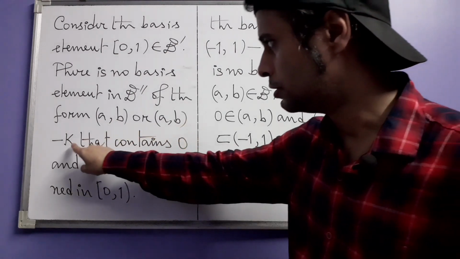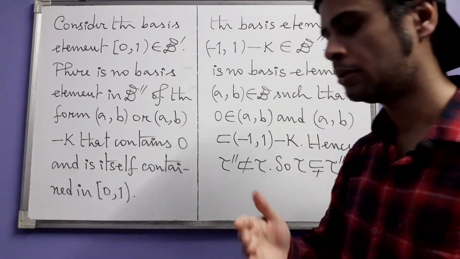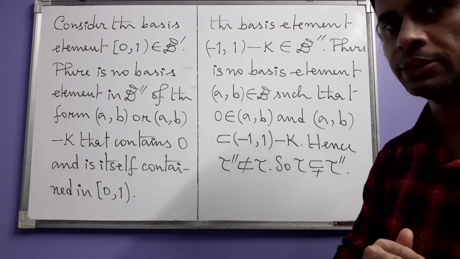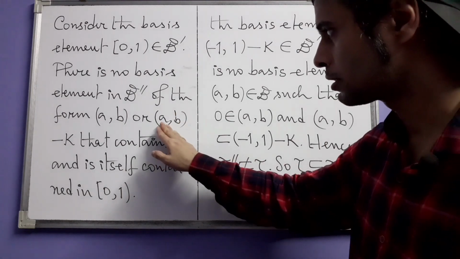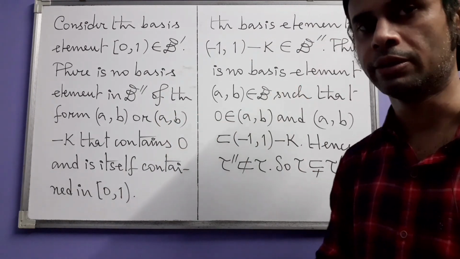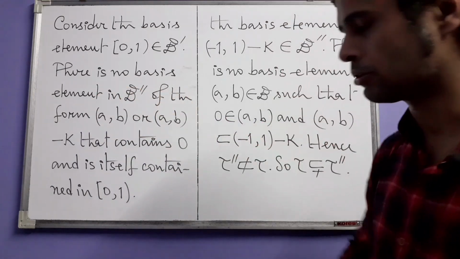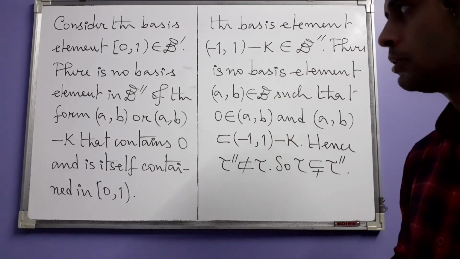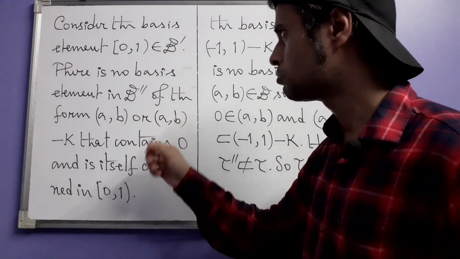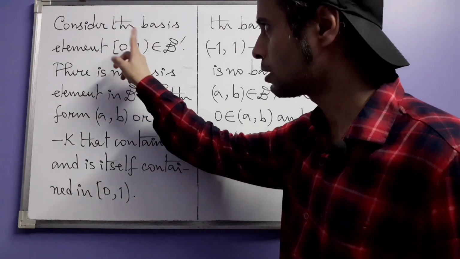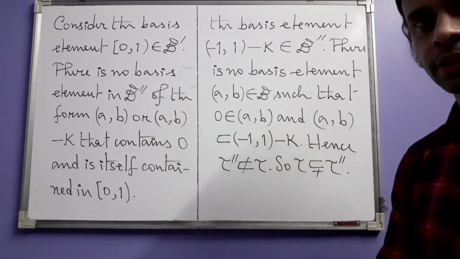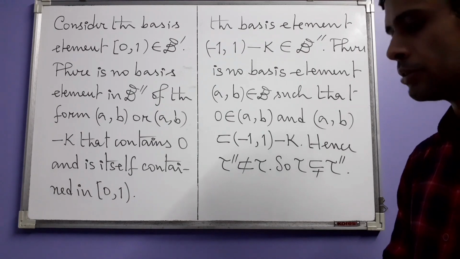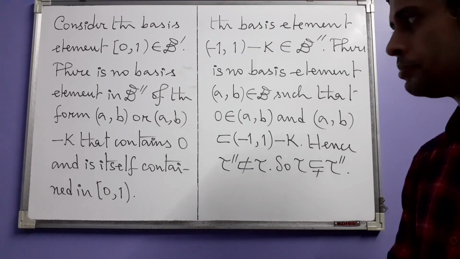Removing or not removing reciprocals of positive integers does not affect the fact that there are negative real numbers here also, if they contain the point 0 within them. And that is why no such basis element can itself be entirely contained in this.